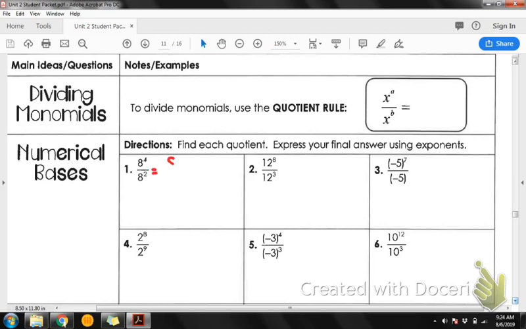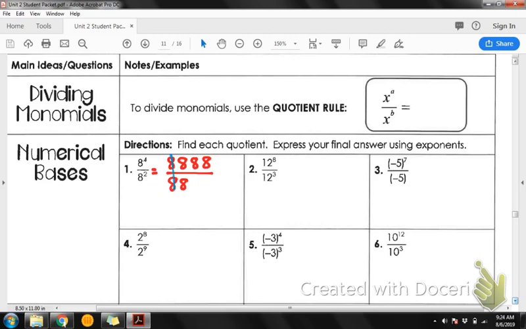So this says we have 4 eighths. Let's go ahead and write 4 eighths on top. How many eighths do you have on the bottom? 2. So let's write 2 eighths on the bottom. And now we can cancel things out that are alike.